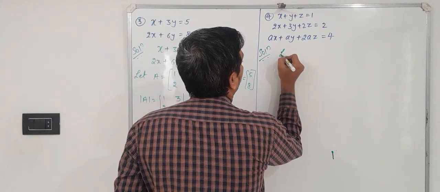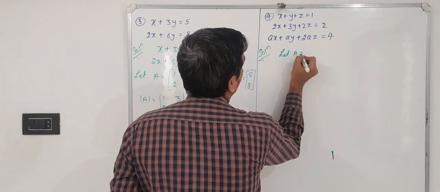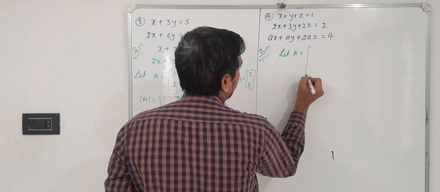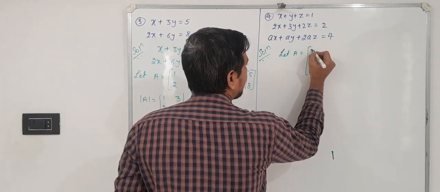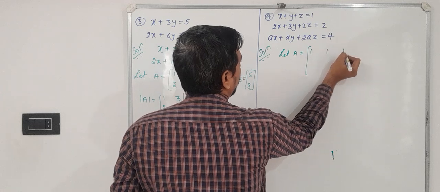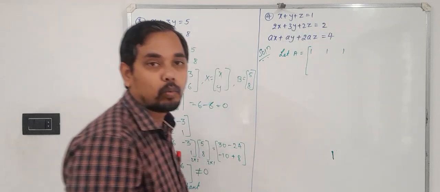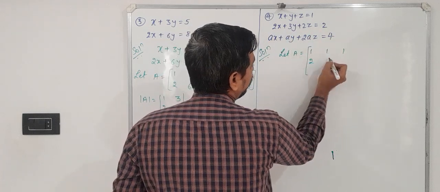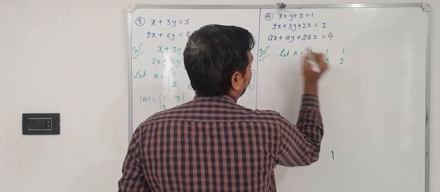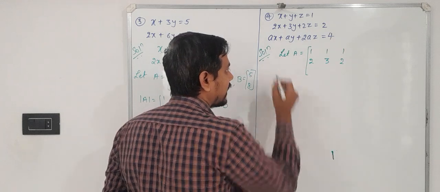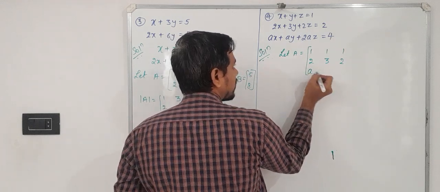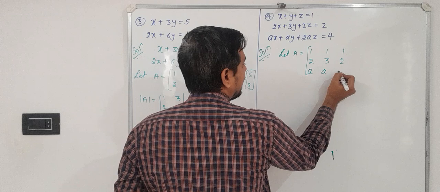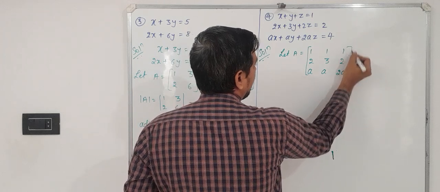Right? So let A be equal to, what is A? The coefficient matrix. What are the coefficients of x, y and z? 1, 1 and 1. What are the coefficients of x, y, z here? 2, 3, 2. What are the coefficients of x, y, z in the last equation? a, a and 2a.